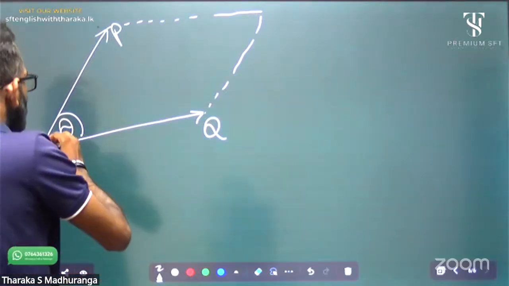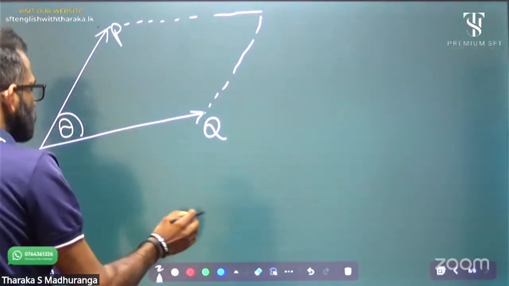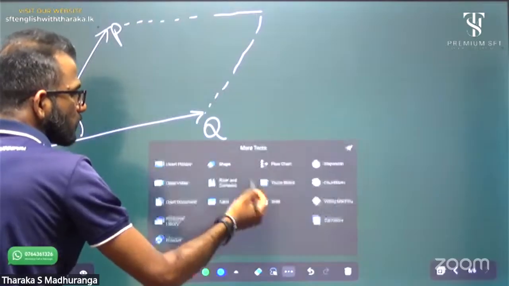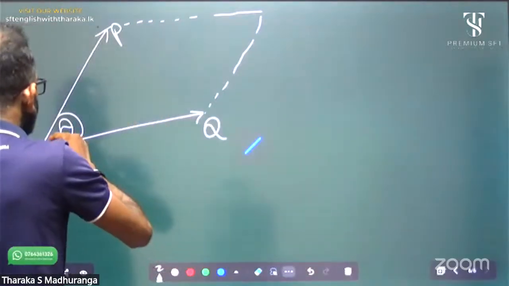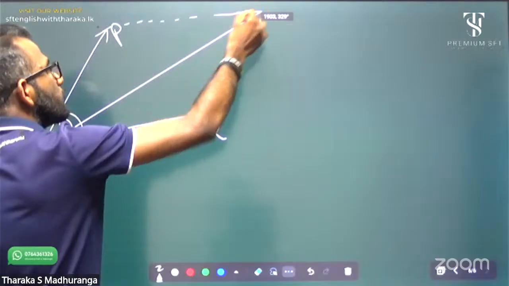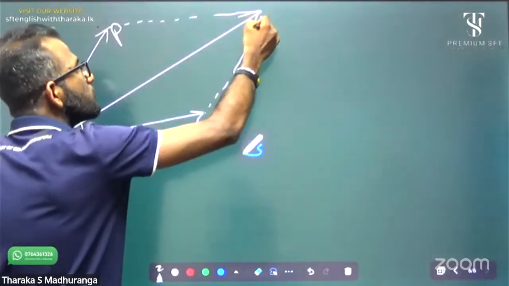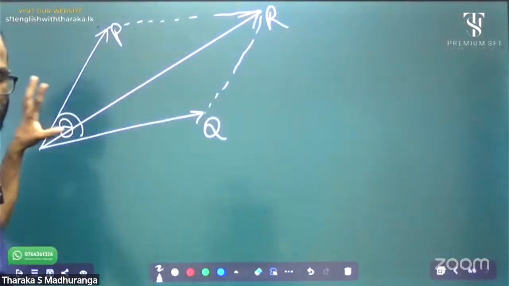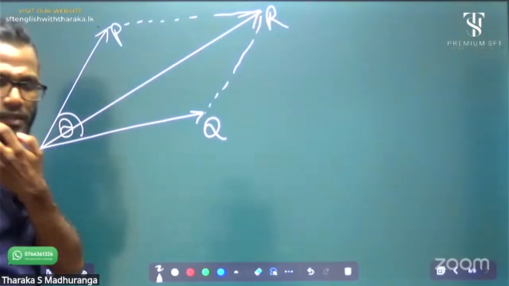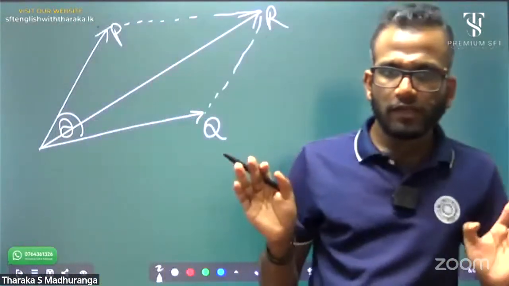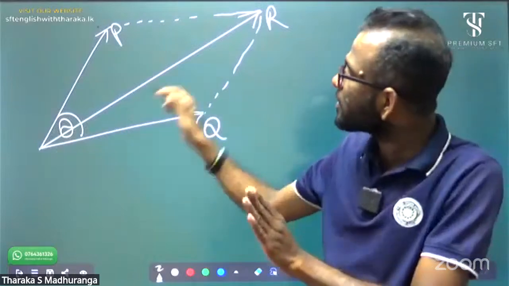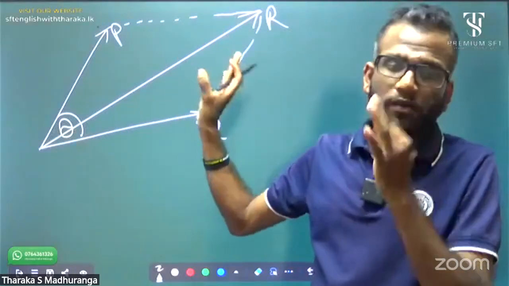Now, the diagonal of this parallelogram is the resultant force of this force system. This is the resultant force, the diagonal of the parallelogram.